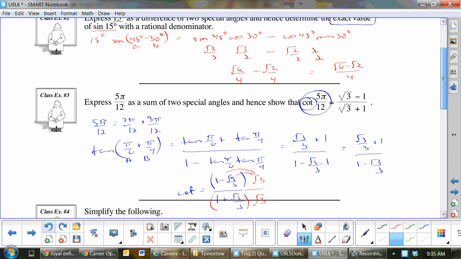Now, 1 times root 3 equals root 3. Now, what happens when this root 3 gets multiplied to this root 3? Turns into 3. What's 3 divided by 3? Look at that.